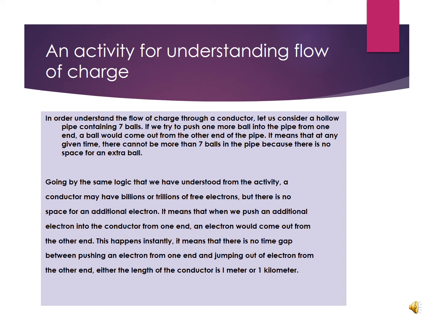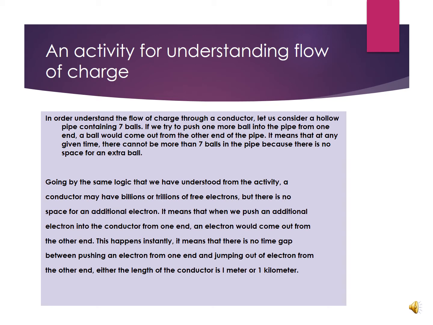That means at any given time there cannot be more than 7 balls in the pipe, because there is no extra space for the extra ball. One you push, one will come out. Going by this same logic, we have understood that in a conductor there may be billions or trillions of free electrons, but there is no space for an additional electron.